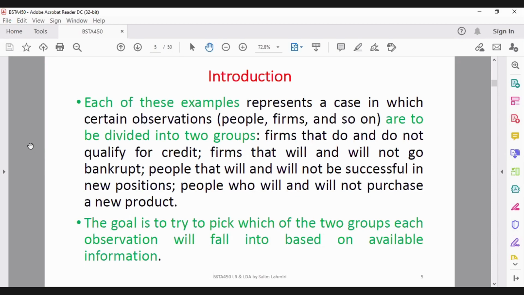So the goal is to pick which of the two groups an observation will fall into based on available information, meaning based on available x's. We will ask the following question: will y belong to group 1 or will y belong to group 0, based on information on current x's or inputs?